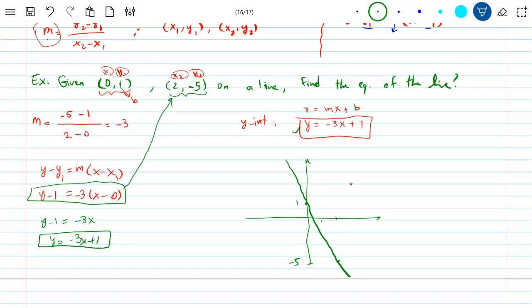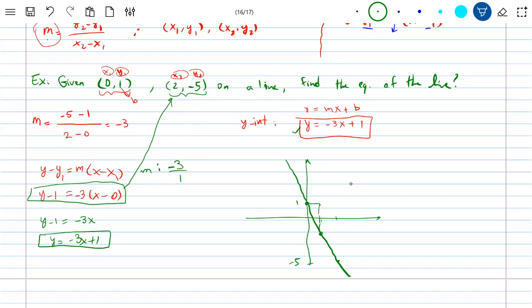You can use the slope as well if you want, instead of using the 2 points. You can pick this point and move 1 unit right. Since the slope is -3, you can always think about it as -3 divided by 1. That means if you move 1 unit to the right, you have to move 3 units down. 1, 2, 3.